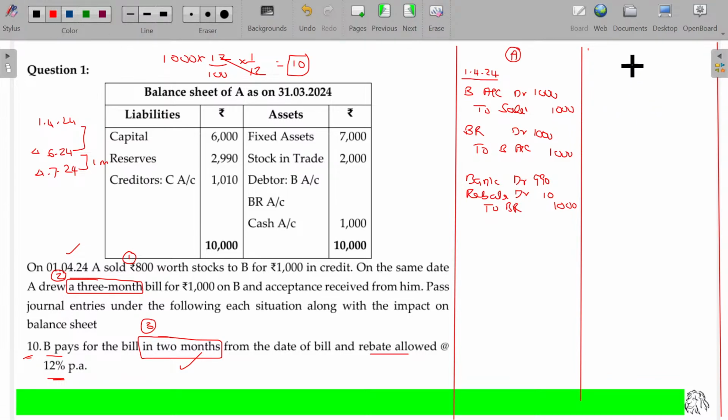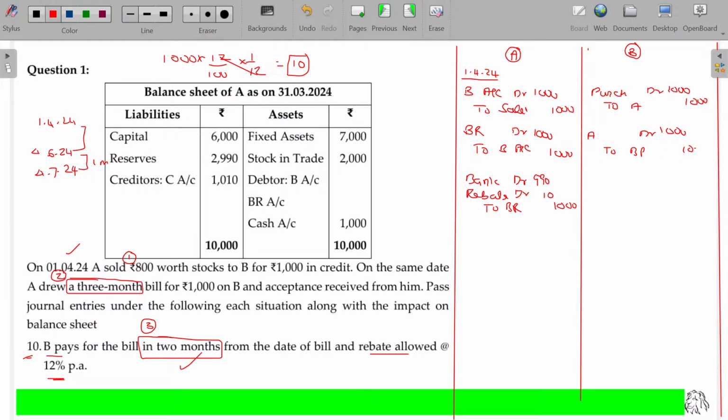Parallel journal entry in the books of B. Rather than sales, it's purchases now. Purchases account debit to A account, the value being 1000. BR to B account is now replaced with A account debit to bills payable.